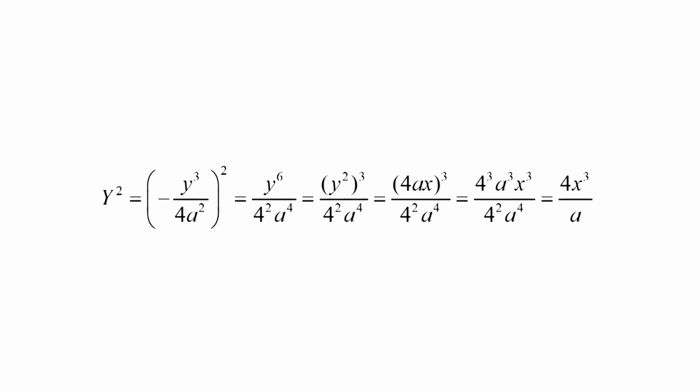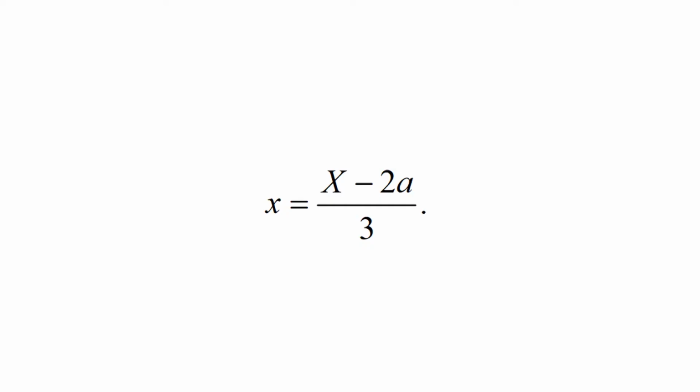Squaring equation 2, we obtain Y² = (-y³/4a²)² = y⁶/(4² a⁴) = (y²)³/(4² a⁴) = (4ax)³/(4² a⁴) = 4³a³x³/(4² a⁴) = 4x³/a. From equation 1, we obtain that x = (X - 2a)/3.